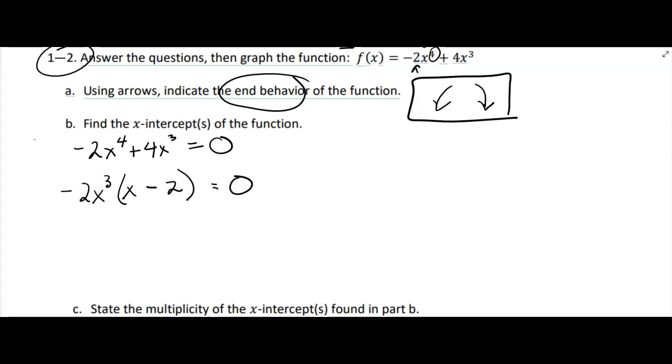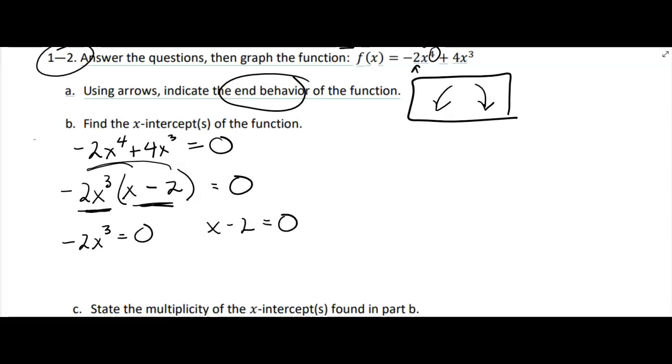Okay, so you can distribute to see if that's true. Negative 2x cubed times x is negative 2x to the fourth, and then negative 2 times negative 2 is 4, and you have the x cubed. Okay, so either negative 2x cubed equals 0, or x minus 2 equals 0.